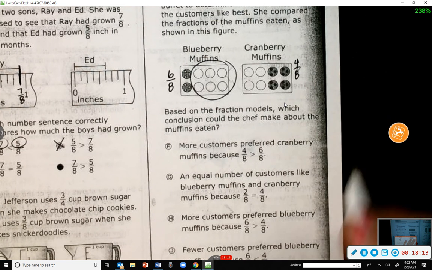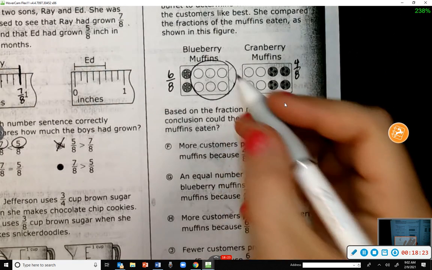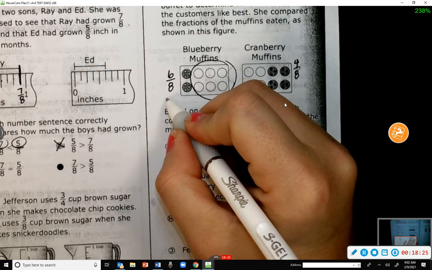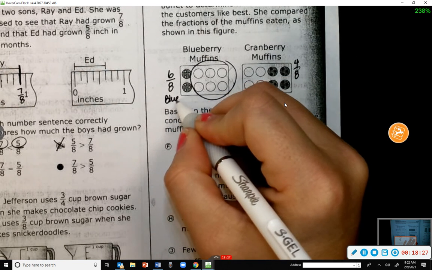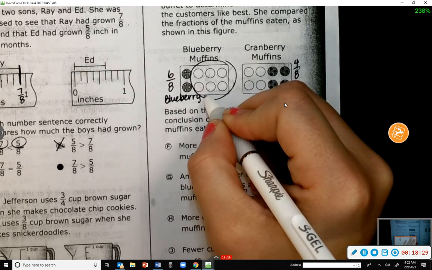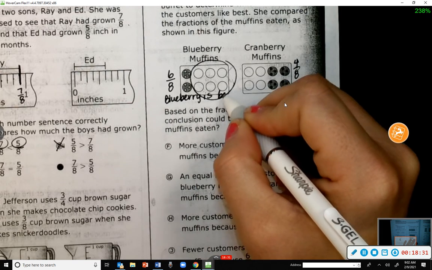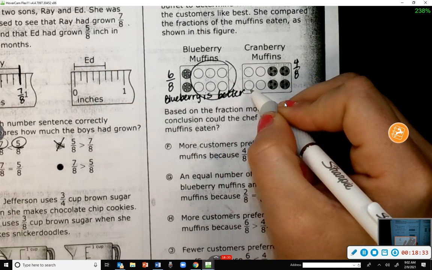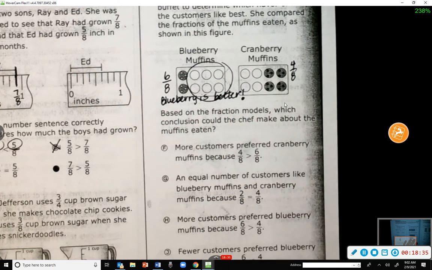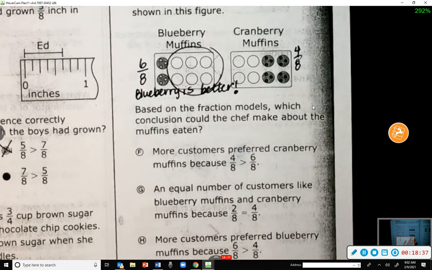So what does that tell me about the muffins that people like? Which one do they like better? Blueberry. They like the blueberry better, and that's obvious because more have been eaten. So I'm just making a little note to myself that blueberry is better. The customers like blueberry better.